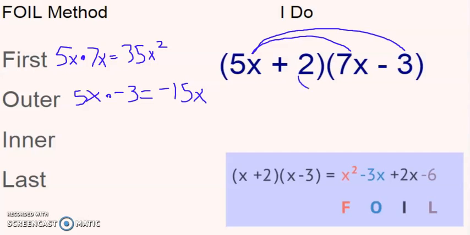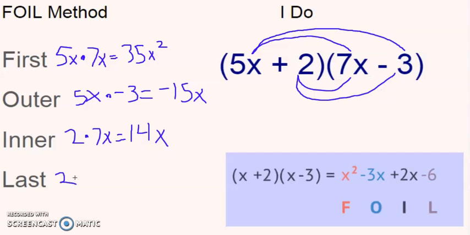Inner, we're going to multiply the inner terms of each factor. 2 times 7x is 14x. And then last, we're going to multiply the last term of each of the factors. 2 times negative 3 is minus 6.